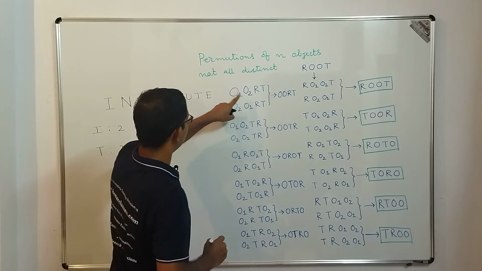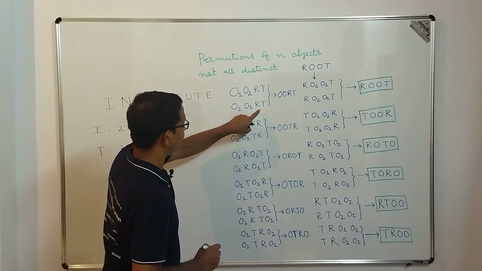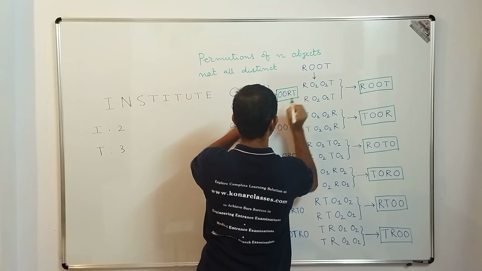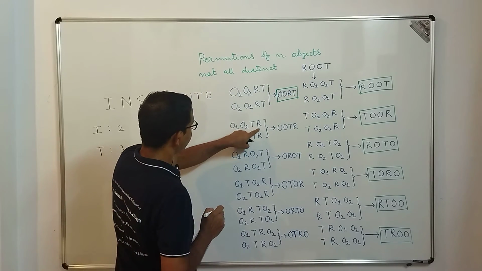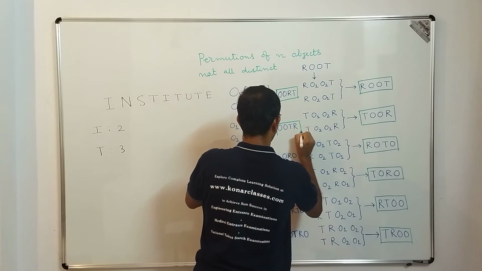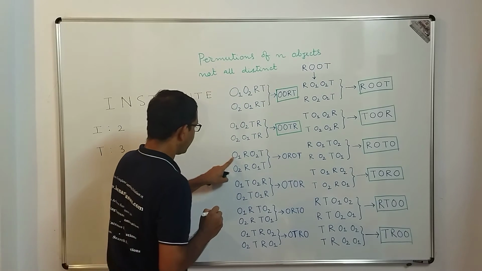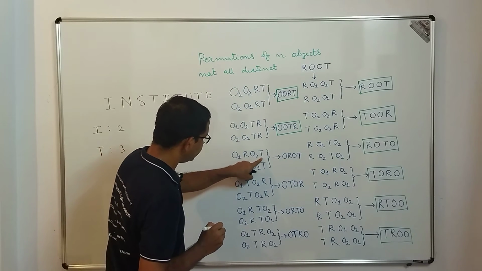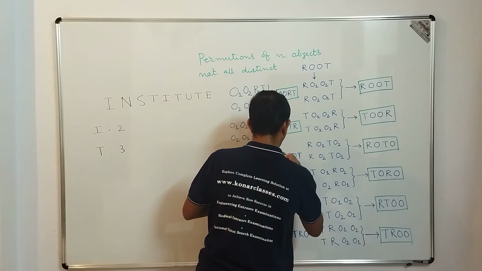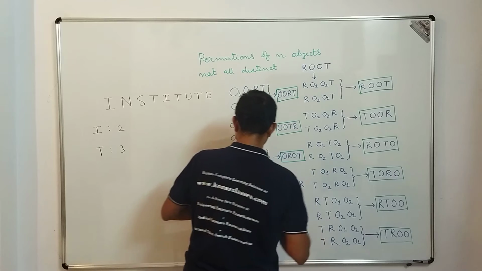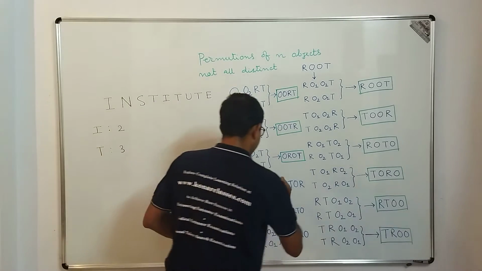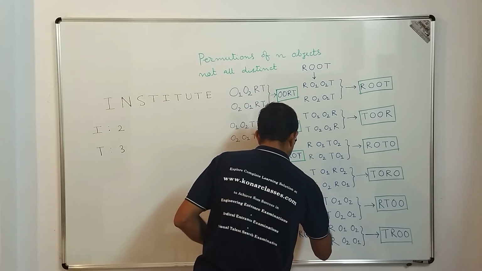Now we get O1 O2 RT and O2 O1 RT, clubbed together to get OORT. O1 O2 TR and O2 O1 TR clubbed together to get OOTR. O1 R O2 T and O2 R O1 T clubbed together to get OROT. O1 T O2 R and O2 T O1 R clubbed together to get OTOR.